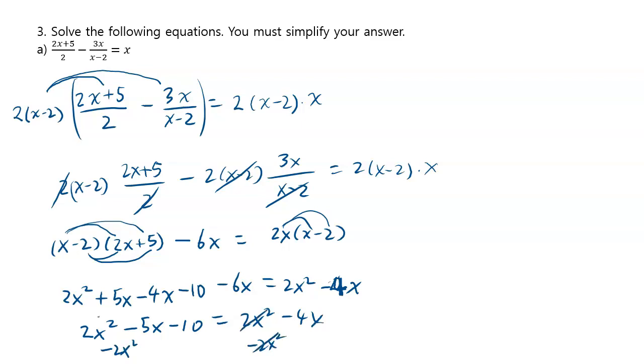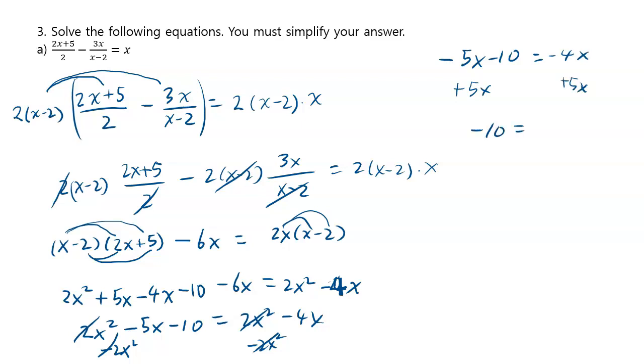So they are going to cancel. And that's nice because I only have now negative 5x minus 10 equals negative 4x. And if you have more than one x and you have to solve for x, what you want to do is move all the x's to one side so that you can simplify. So I'm going to add 5x both sides.